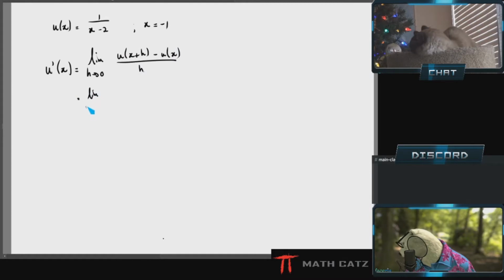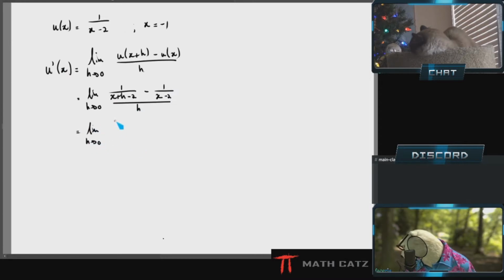Then I'm putting in what the function is, so it's 1 over x plus h minus 2 minus 1 over x minus 2, all over h.